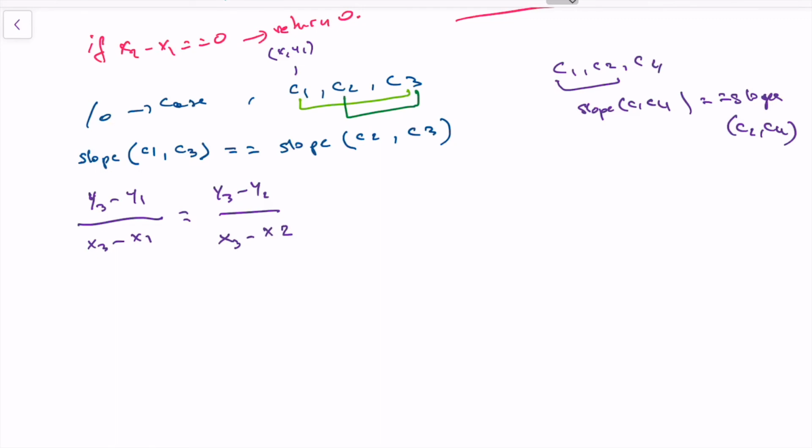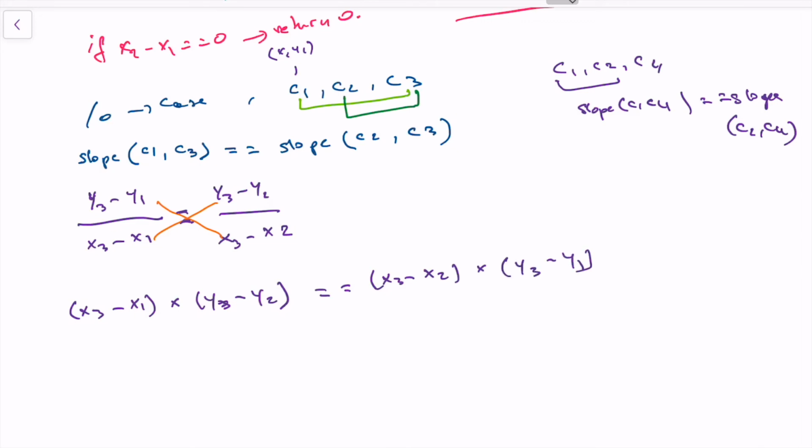And so for these to be equal, the product of these ones has to be equal to the product of these ones. That's just elementary multiplication and division here. So that would mean that x3 minus x1 multiplied by y3 minus y2 should be equal to x3 minus x2 multiplied by y3 minus y1.